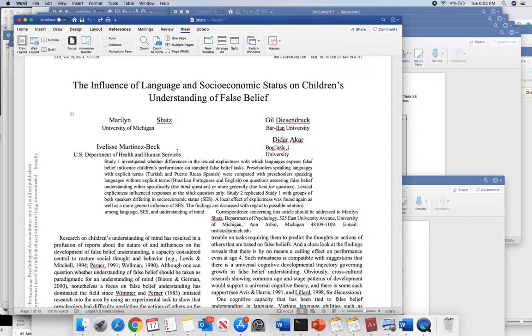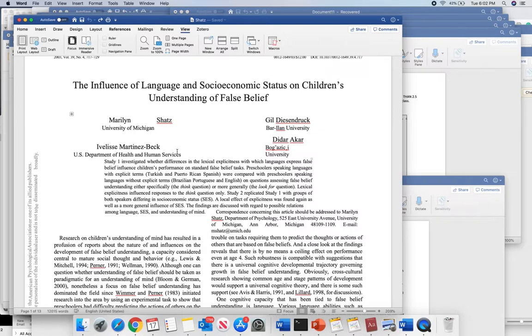Study 1 investigated whether differences in the lexical explicitness with which language expresses false belief influence children's performance on standard false belief tasks. Now, I just want to clear up some things. Lexical explicitness, word explicitness. Like, are there words that explicitly target, I'm going to guess, false beliefs?